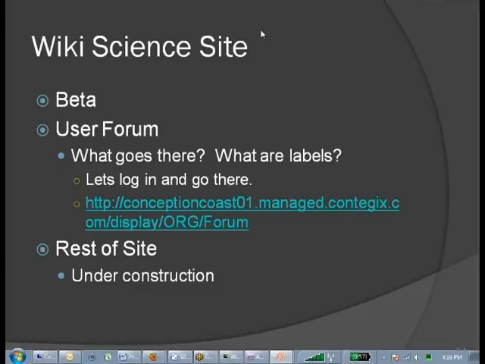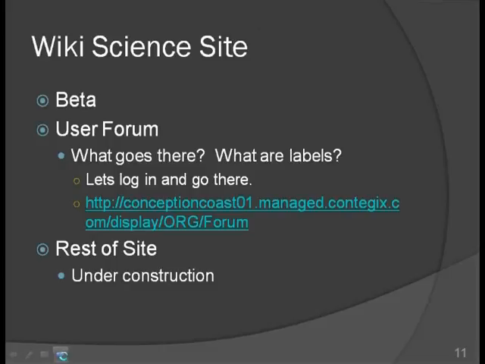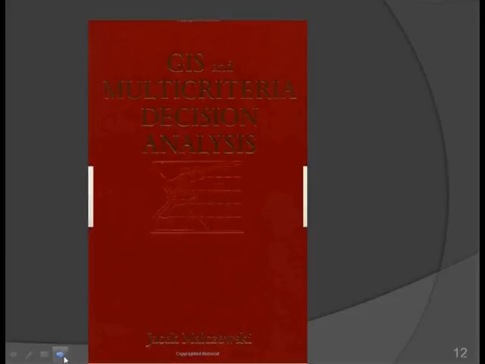Now, the purpose of today's webinar is to get into this topic of GIS and multi-criteria decision analyses. This book by Jacek Malczewski is the 1999 version of this topic, and from what I can gather, it's pretty much the Bible for this issue.